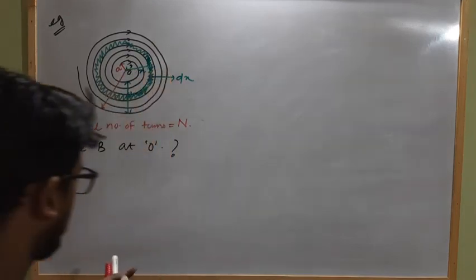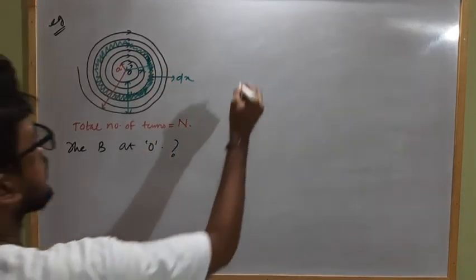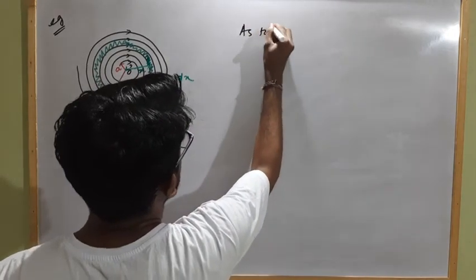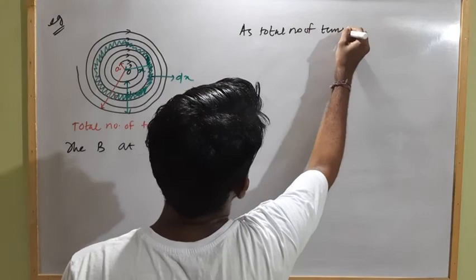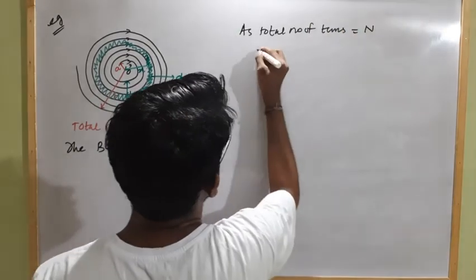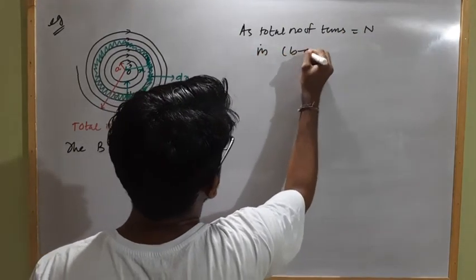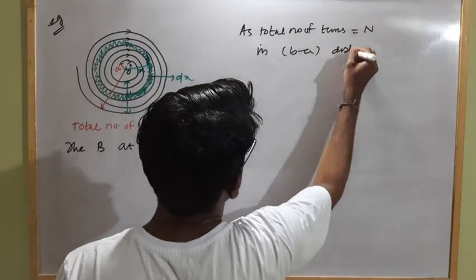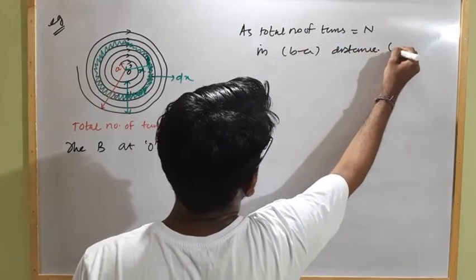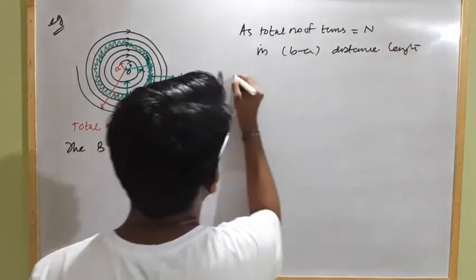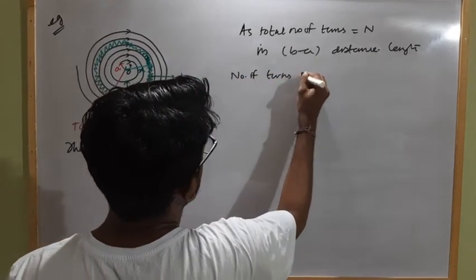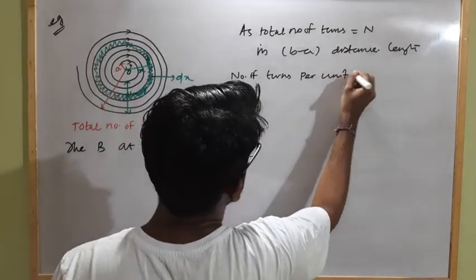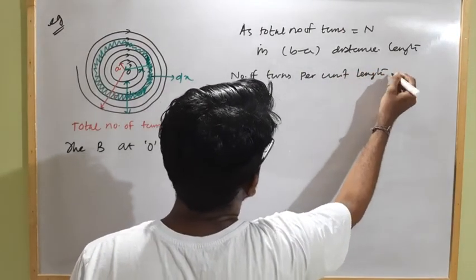As total number of turns is N in B minus A distance or length, the number of turns per unit length will be how much?